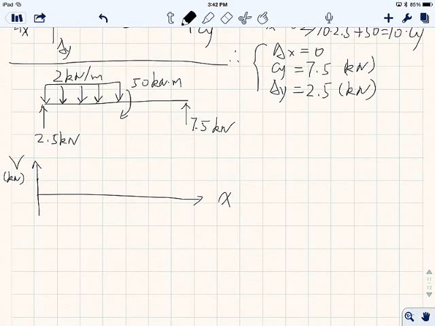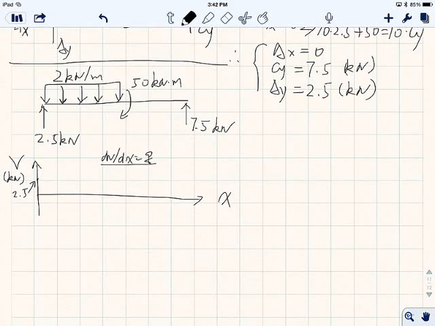This point is 2.5. And one of the equations we just got to know is dV over dx equals q, right? Okay, so once we have this, we know we have a distributed load over here, and it's 2 kilonewtons per meter, and it's also going downwards.